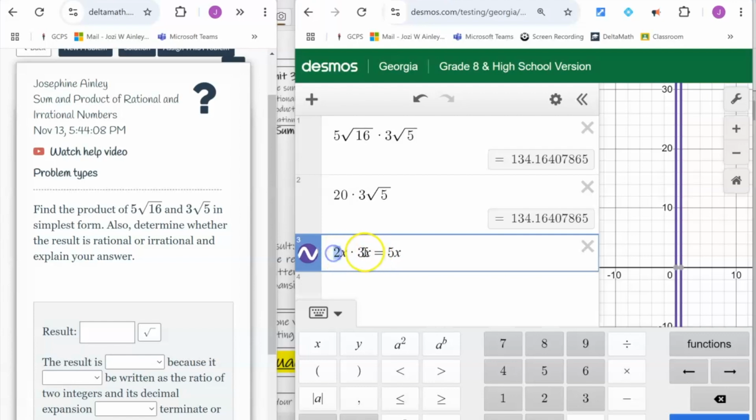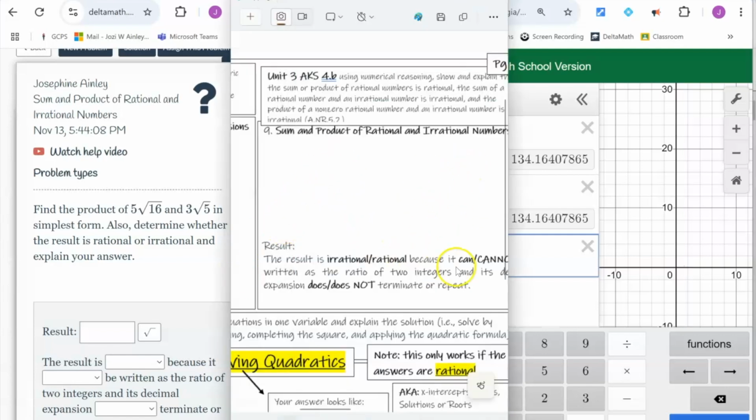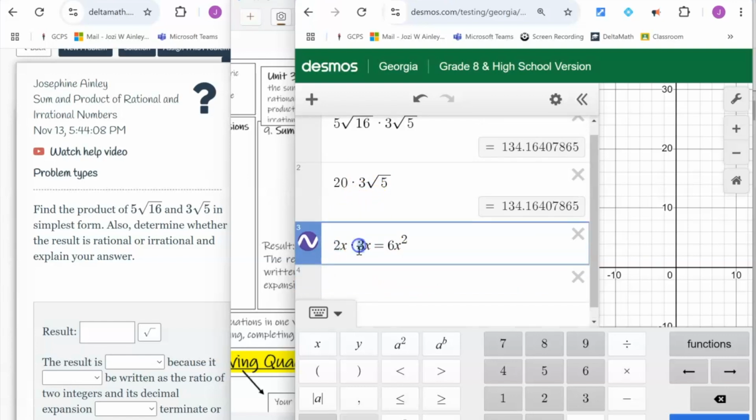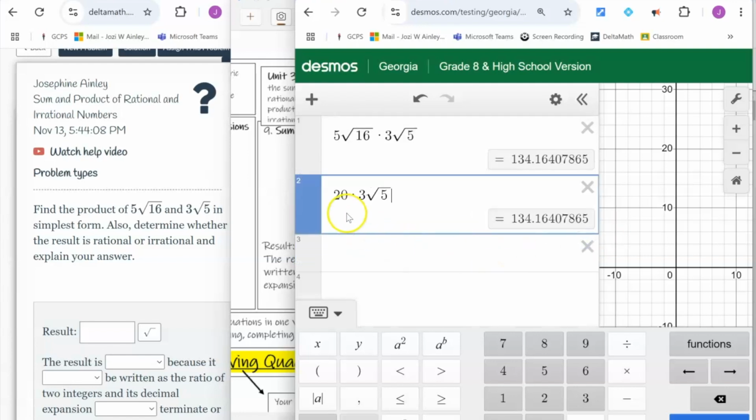You multiply the coefficients, so it's going to be 6, however you also multiply the variable, so it's going to be 6x squared. You do need to remember that. That would be a good note for you to write over here, the difference between adding and subtracting versus multiplying. Multiplying is not just the numbers outside, it's also the radicals. So everything gets multiplied.